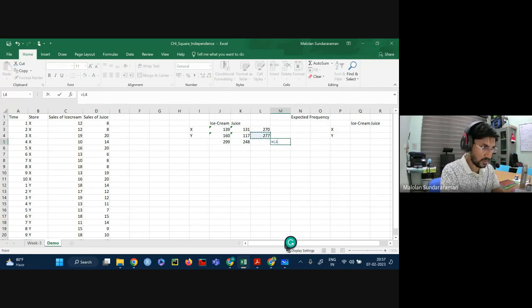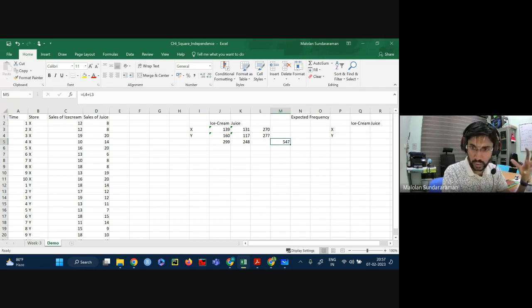Total sales is going to be, all right, a total of 547 items, including juice and ice creams, sold in X and Y. Out of them, 270 happened in X, 277 happened in Y, 299 are ice creams, and 248 are juices. All right. Everyone with me so far? I'm going fast here because this is from statistics. This is not our goal.